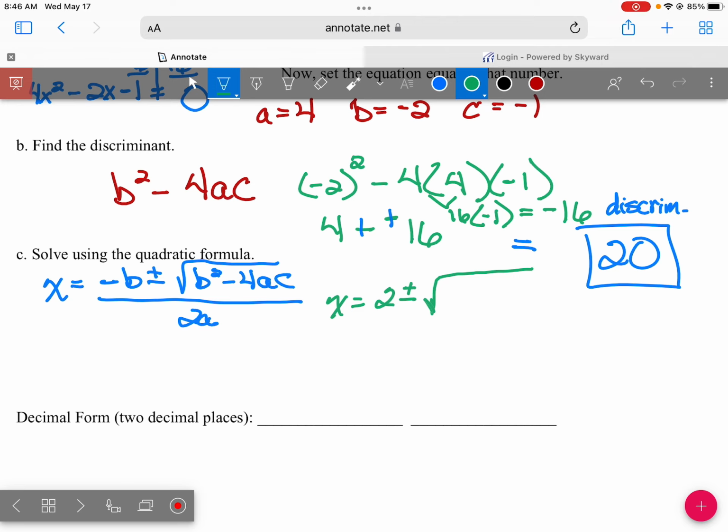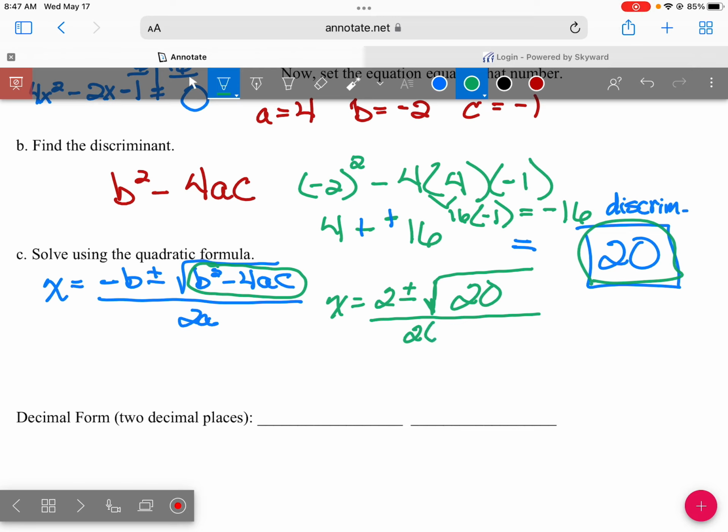Now remember, I said the discriminant is this part right here, and we have already solved that, right? So my discriminant is 20, and that's what's going to go underneath that radical. You don't have to calculate it again. All divided by 2 times a.